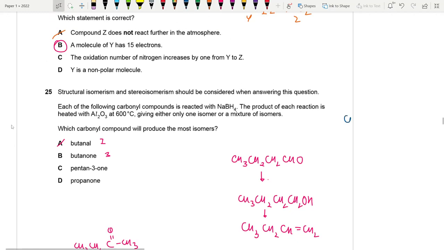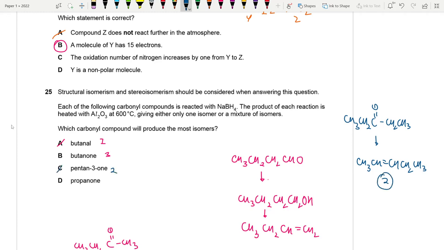Pentan-3-one, CH3CH2COCH2CH3. It doesn't matter whether you go right or left, because you're going to get the same compound after reduction. CH3CH=CHCH2CH3. It has two cis-trans isomers, so it's gone. Now, what about propanone? CH3COCH3.